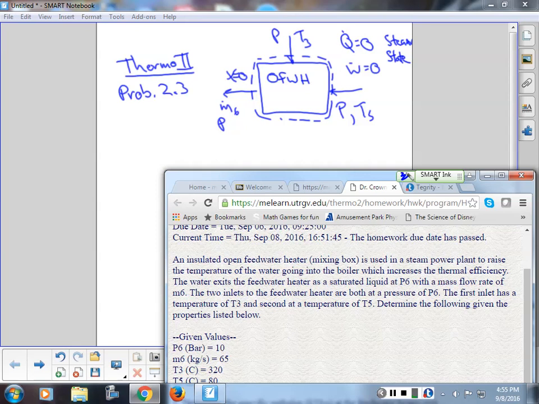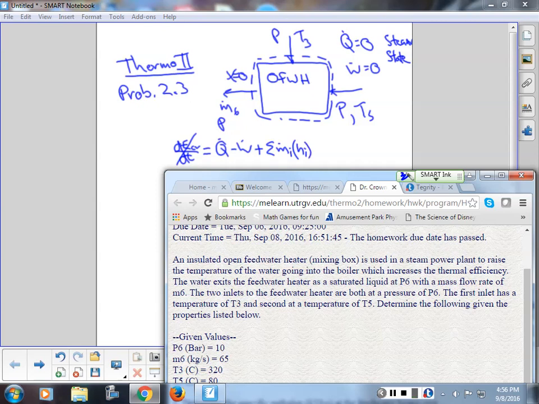So the first law, dE CV dt is 0 because it's steady state, equals Q dot minus W dot plus, and since we have more than one inlet, one exit, we're going to write summation M dot i times h i, then of course plus kinetic plus potential, but this problem doesn't seem to have any information about kinetic and potential, so we're going to assume it's 0.